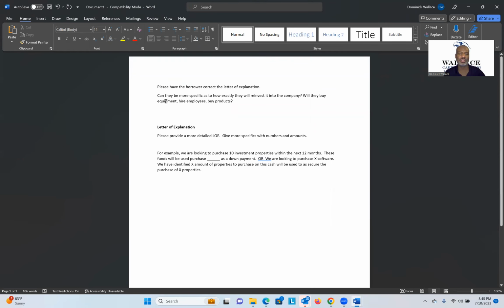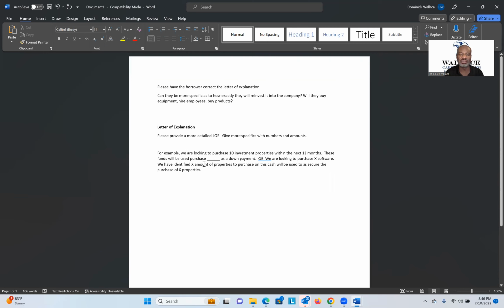For example, one of the underwriters said, hey, can there be more specifics on exactly how they're going to use the money in the company? Will they buy equipment, hire employees, buy products? For example, we're looking to purchase 10 investment properties within the next 12 months, and these funds will be used as a down payment. Or we're looking to purchase X software, and we identified the software to improve our real estate investing business.